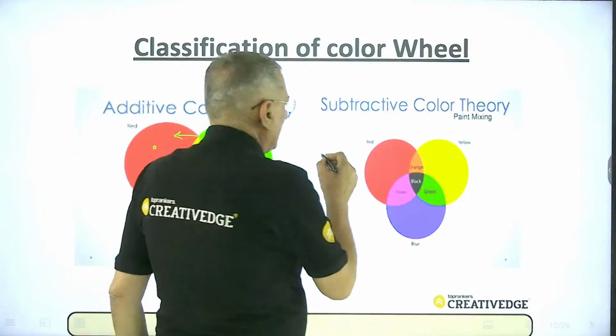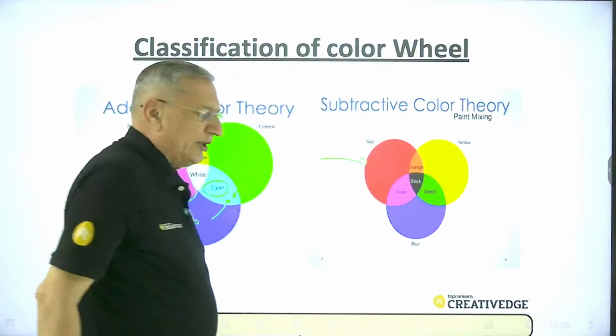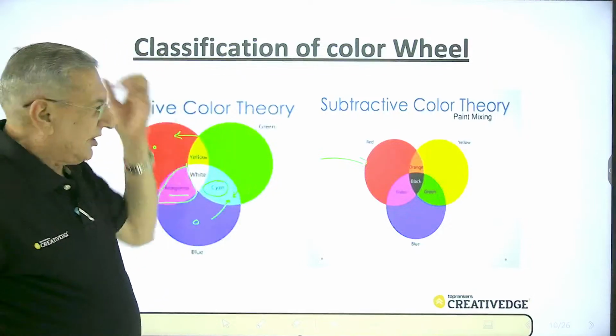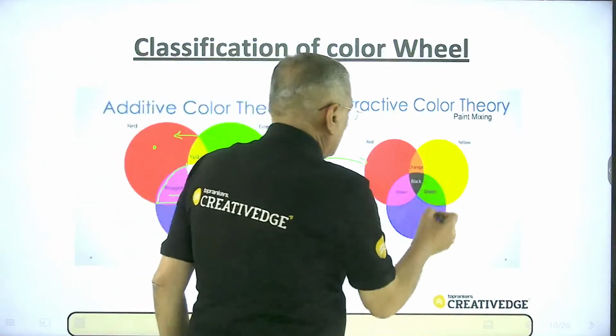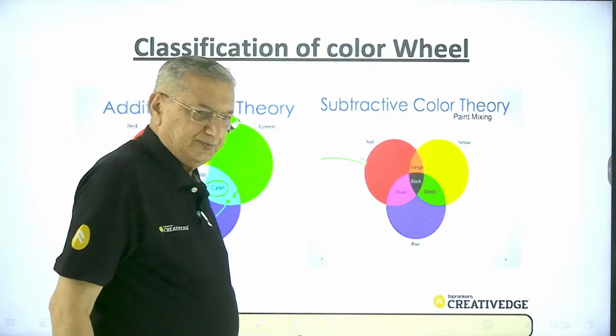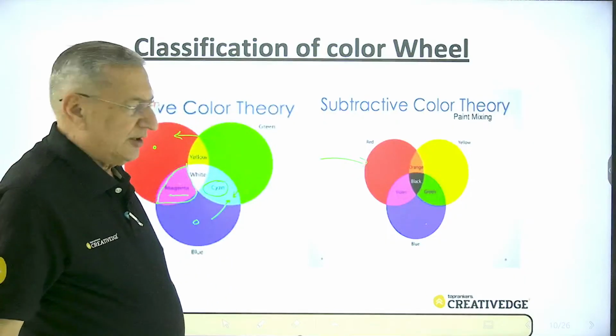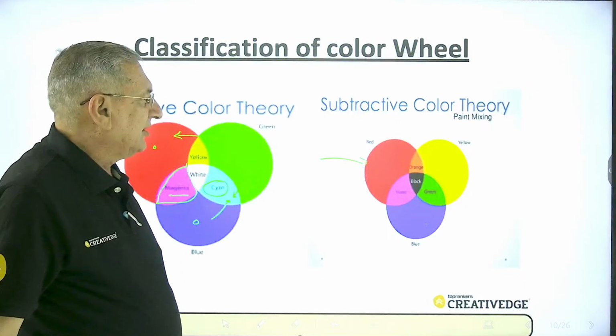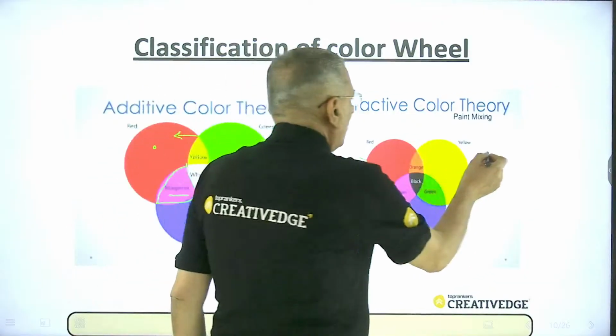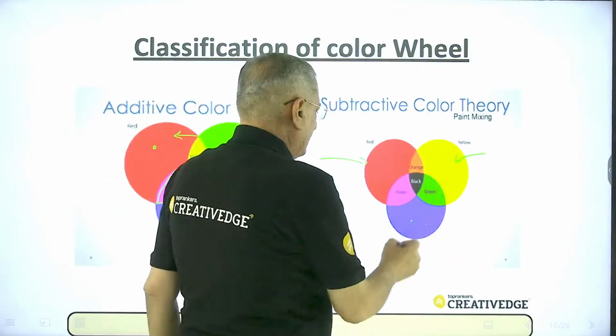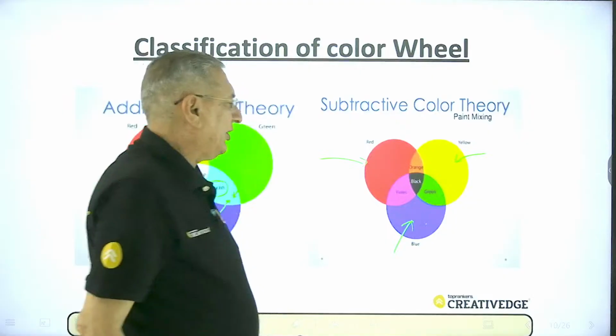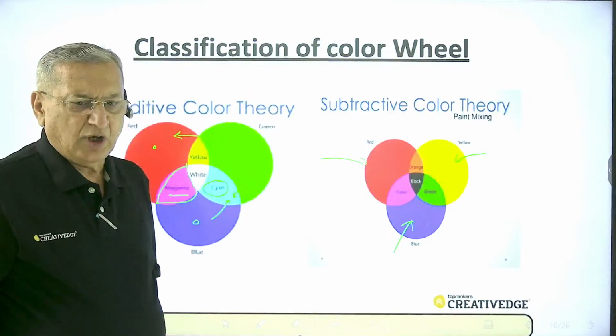Subtractive color theory means the color theory of pigment. Here the primary colors are red, yellow, and blue. Nowadays they have started counting more specifically which red, which blue, and which yellow are primary colors.